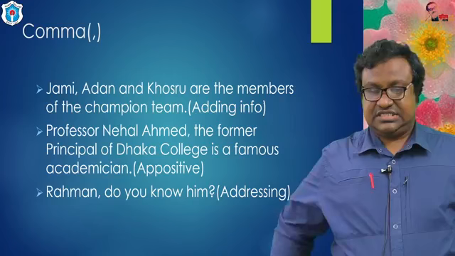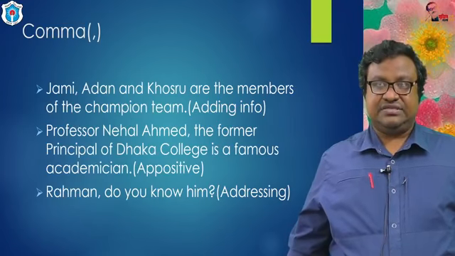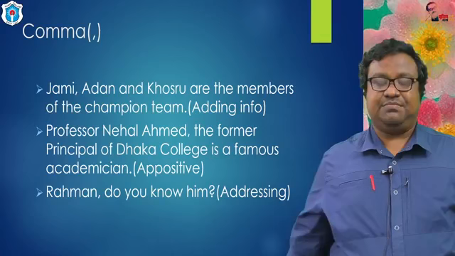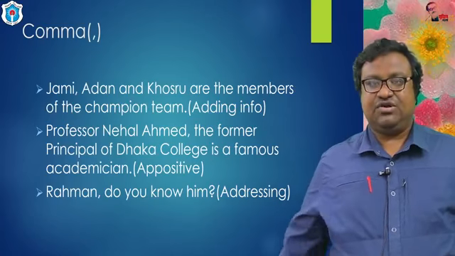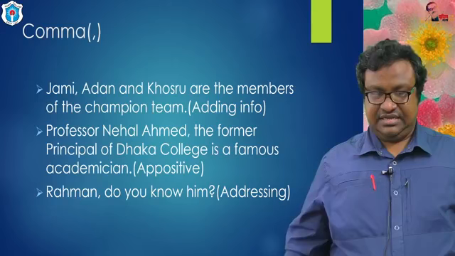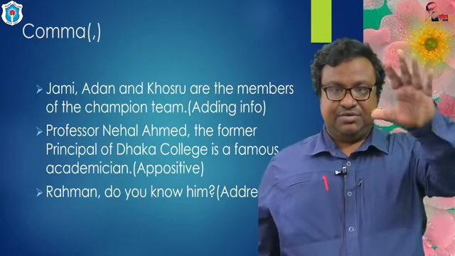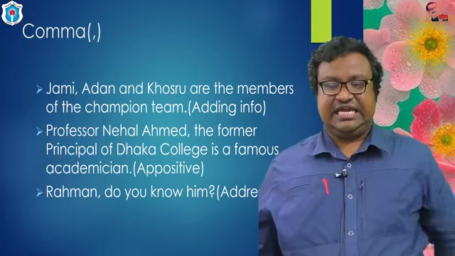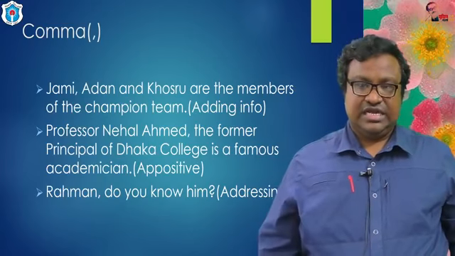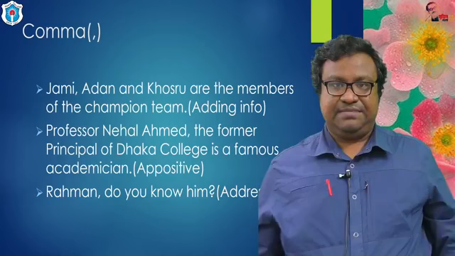Then comes another example, that is when you are addressing somebody. Perhaps you are addressing your friend, to do something, or you are asking something. Rahman, do you know him? Suppose there is somebody named Rahman and you are asking him about some information, then you ask it like, Rahman, do you know him?